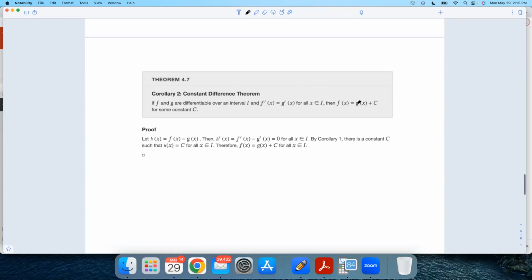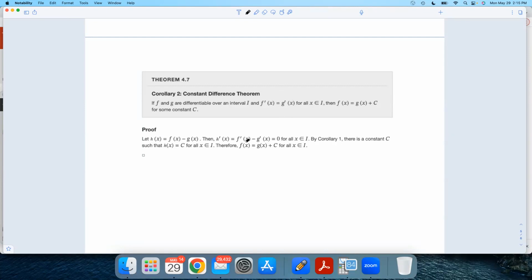And the proof is based on that last corollary. I define this auxiliary function, h equals f minus g. Take the derivative, h prime would be f prime minus g prime. Well, since those are the same, that's our condition for the theorem, then the difference of those derivatives must be zero.